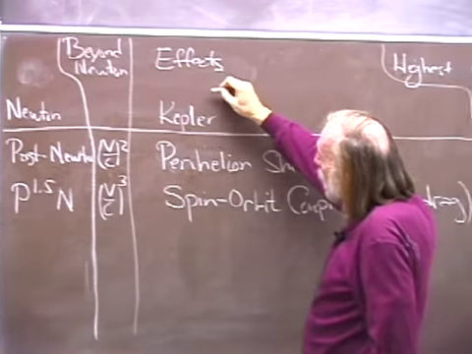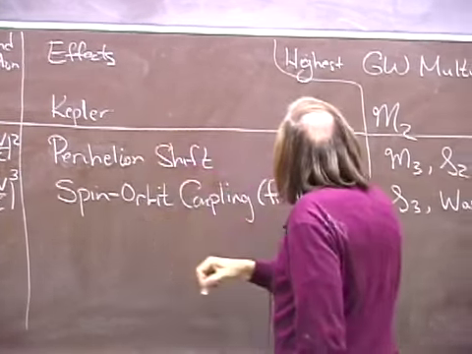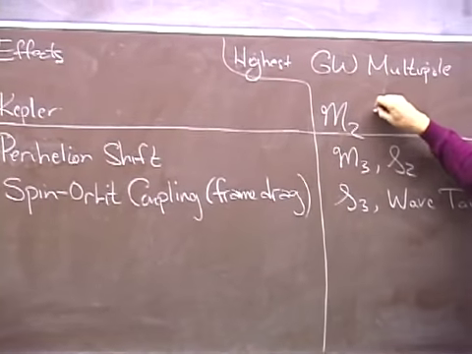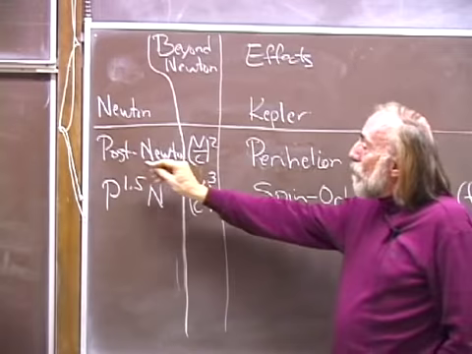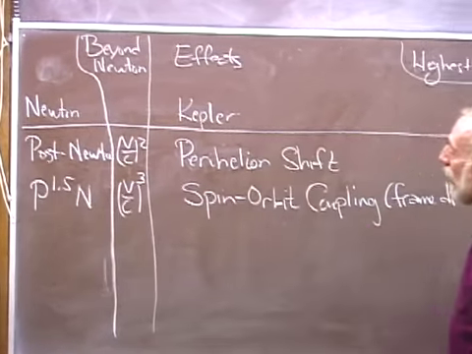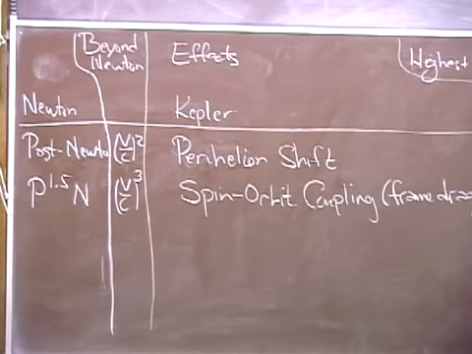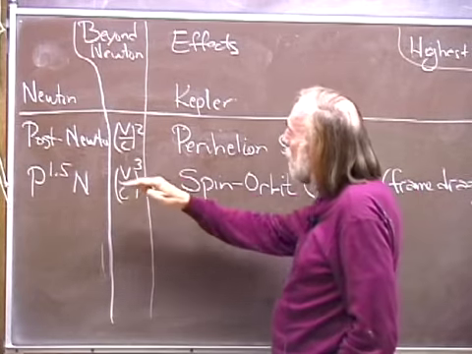Newtonian order, we know that the key effect that appears is Kepler's laws, and the waves that are generated are mass quadrupolar. You then go on and do post-Newtonian, which was something that Einstein and Infeld and others pioneered in the 1930s.